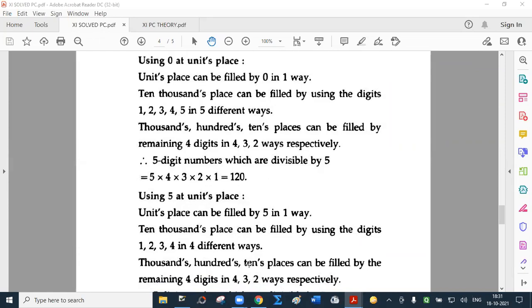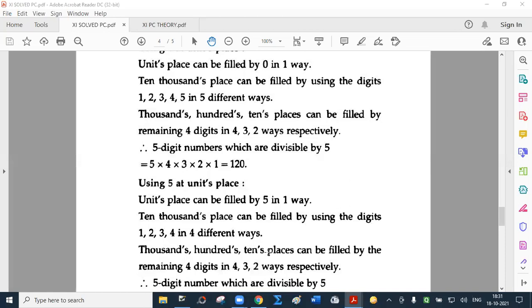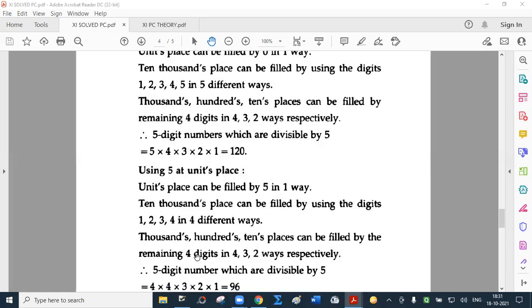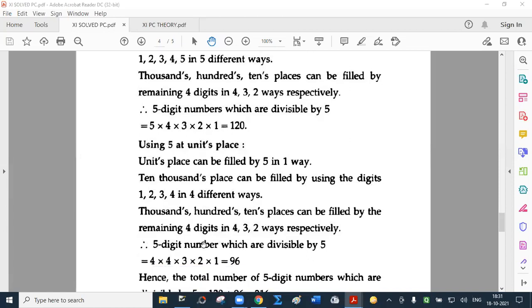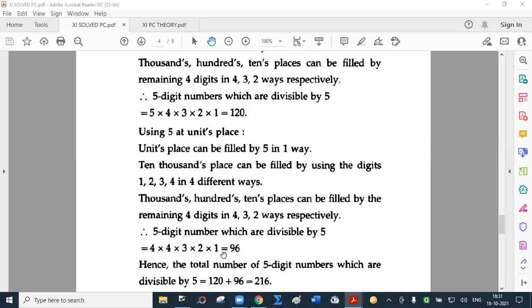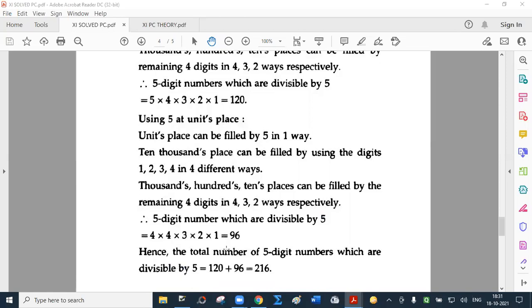So thousands, hundreds, tens places can be filled by remaining 4 digits in how many ways? 4, 3 and 2 ways respectively. So 5-digit numbers which are divisible by 5 equal to 4 into 4 into 3 into 2 into 1 equal to 96. Hence, the total number of 5-digit numbers which are divisible by 5 equal to 120 plus 96, that is 216.